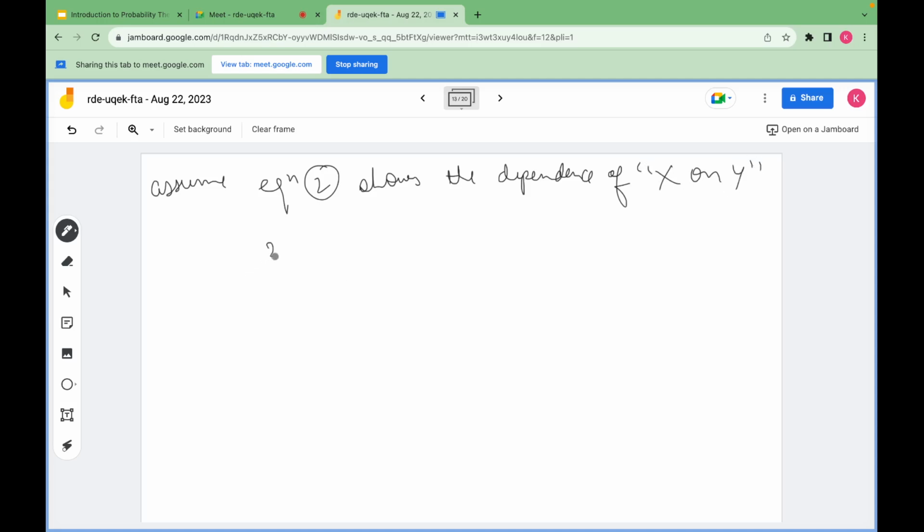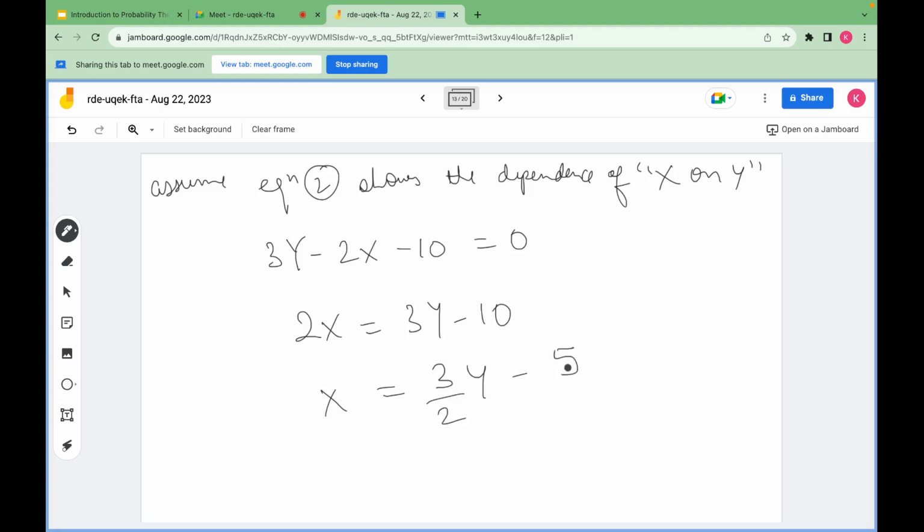The second equation was 3y minus 2x minus 10 equal to 0. From here we can write that 2x is equal to 3y minus 10, x is equal to 3 by 2 y minus 5. So from here we get bxy is 3 by 2.